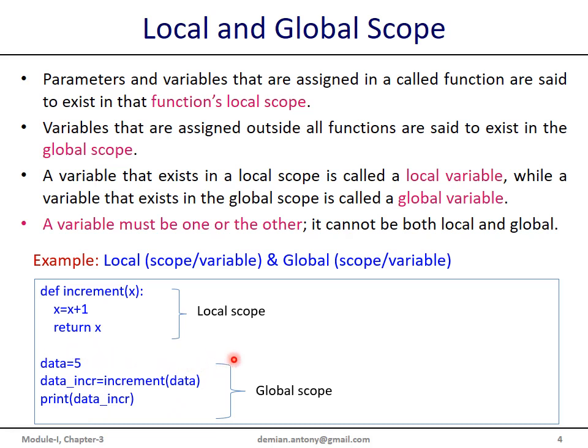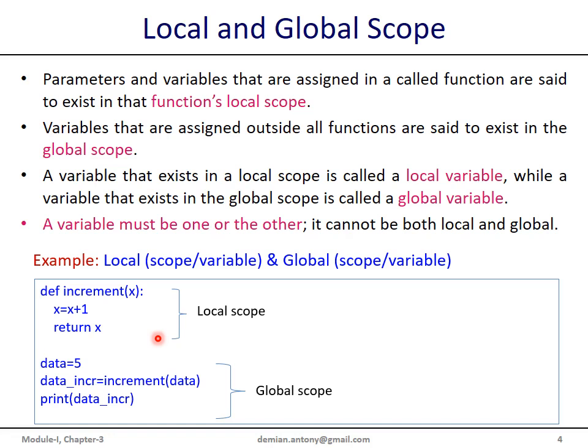This is the global scope with respect to this example. We have only one local scope here, as we have one function definition, and we have one global scope. Normally we have only one global scope, and we can have multiple local scopes based on the number of function definitions.